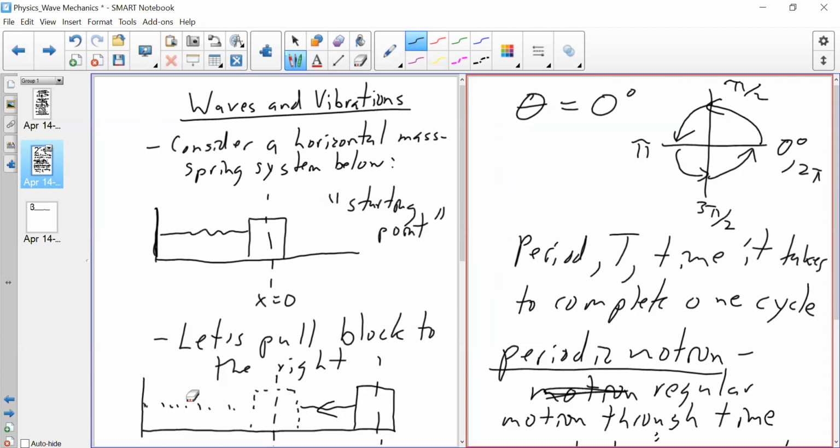Then it's going to come over here at pi, and over here at 3 pi over 2, and then 2 pi. One period, the time it takes to go from the start back to start, or the time it takes to complete one full cycle, right?